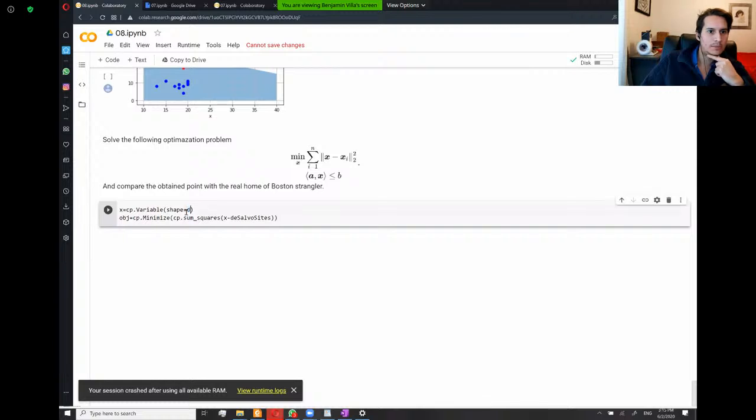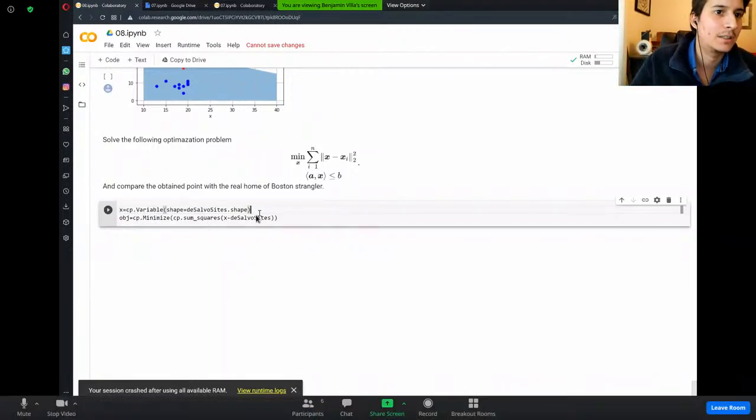See the shape of the salvo sites. It was correct. You only need 2 numbers because 2 numbers define a position. But what I was talking about was to check the shape of the variable the salvo sites.